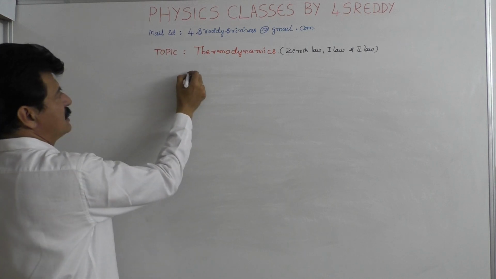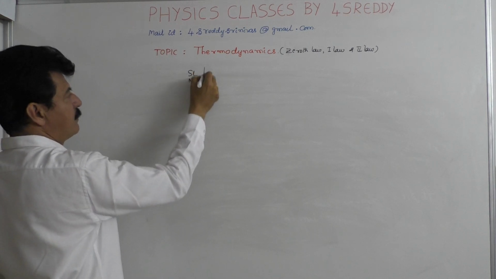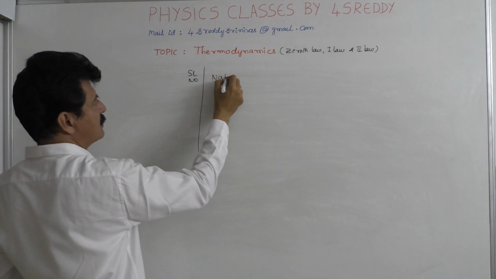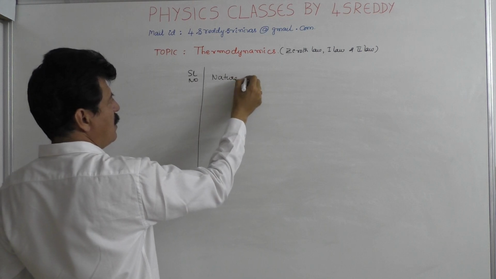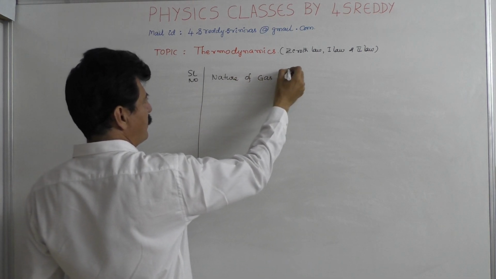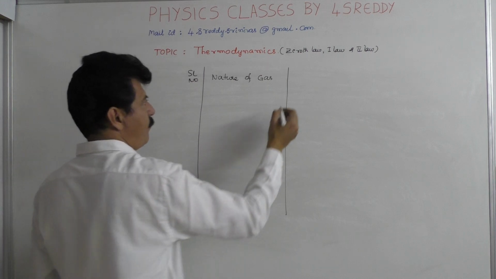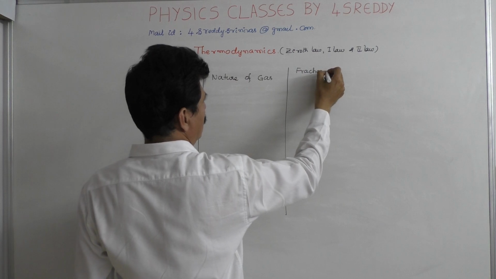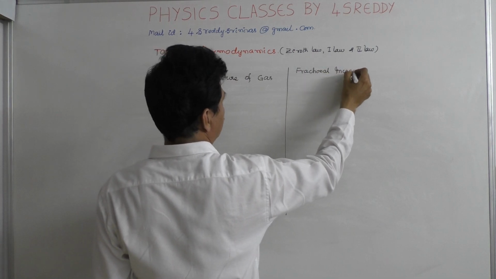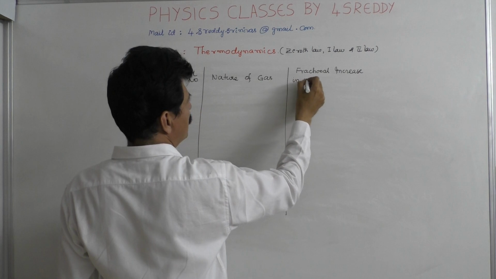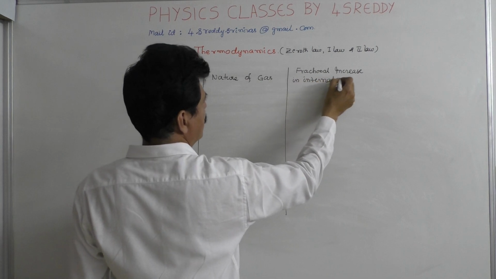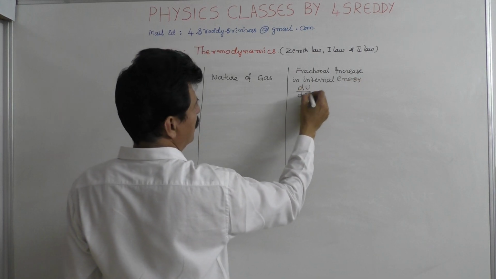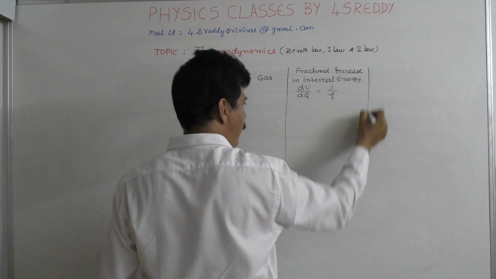And once you know that, we can calculate the same in a simple table form. We can say that this is serial number, nature of gas, fraction of increase in internal energy, that is dU by dQ equals 1 by gamma.